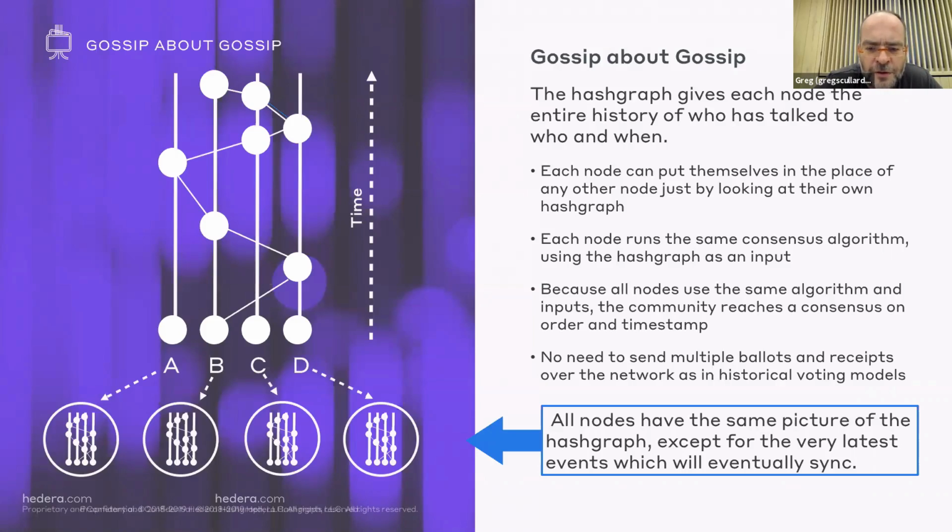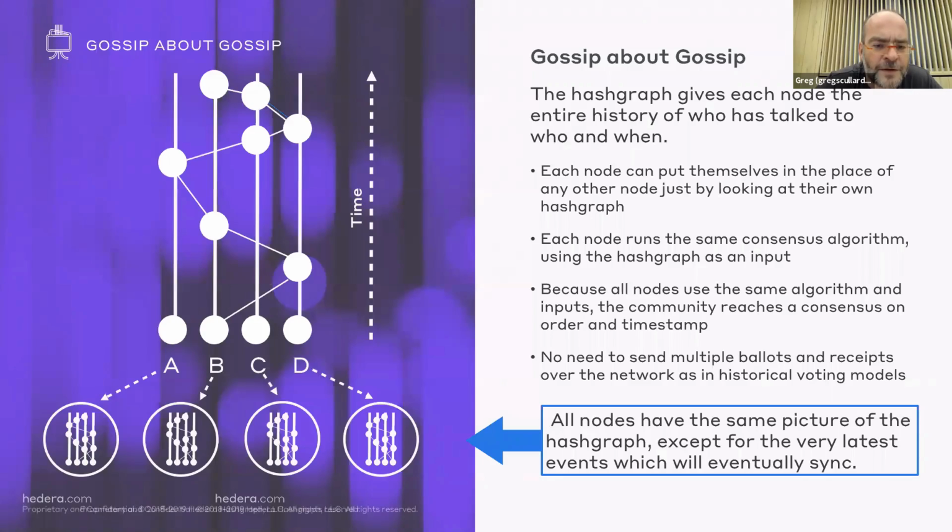With Hedera Hashgraph, or with Hashgraph specifically, the nodes, through gossip about gossip, build their own, in fact, their identical picture of the Hashgraph. Give or take the last few events, which will eventually sync. At any given time, every node has exactly the same picture in its directed acyclic graph.